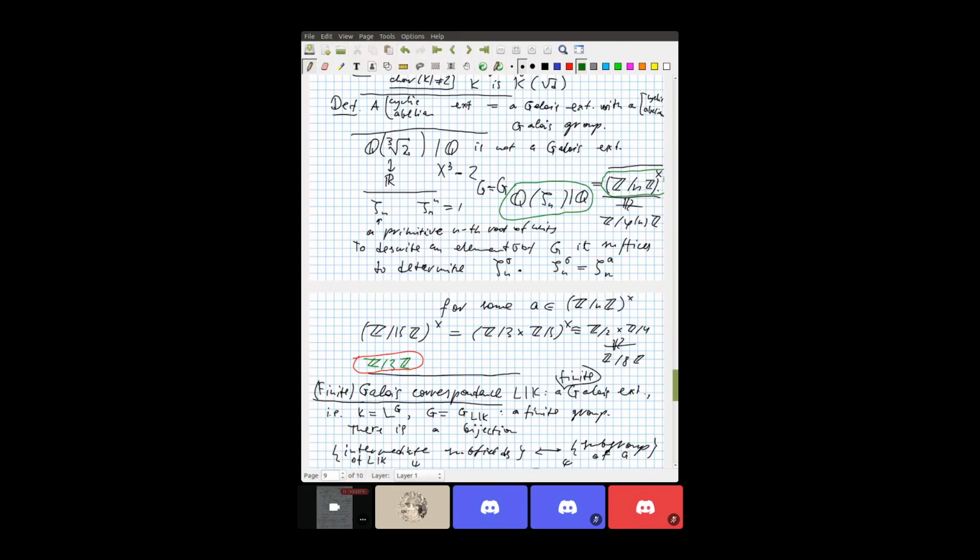Okay. And here you see that we already have an identification of automorphisms acting on our fixed primitive root of unity with powers, where these powers are invertible residues modulo n.